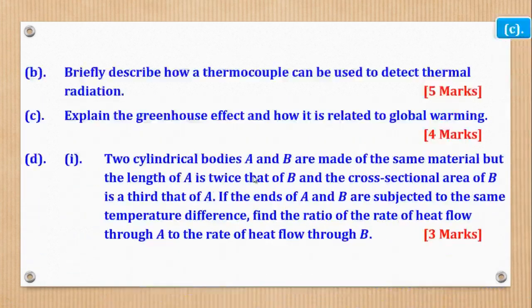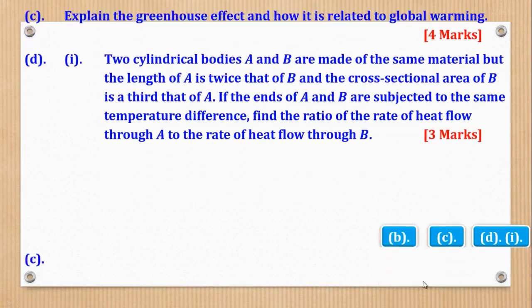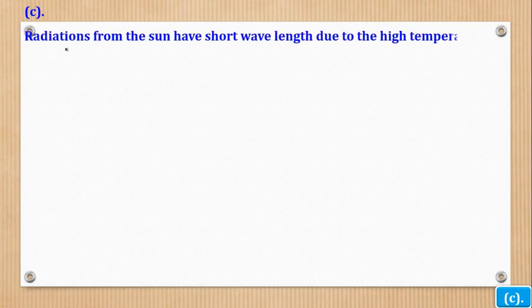So now we shall go to part C. Part C says, explain the greenhouse effect and how it is related to global warming. So you can see that radiation from the sun has short wavelength due to the high temperature of the sun.